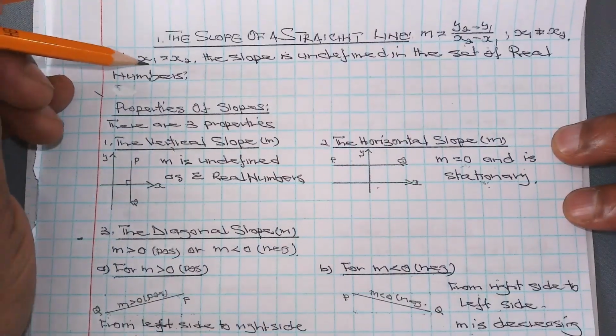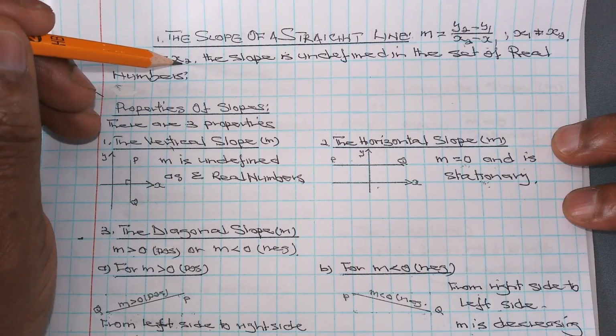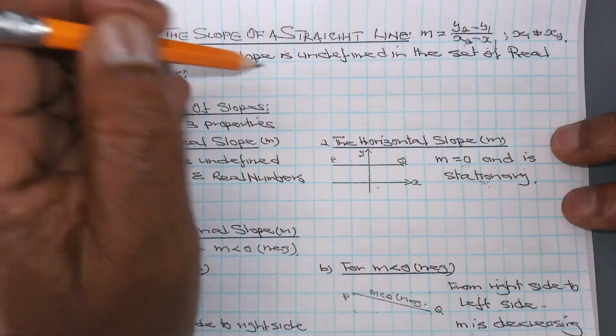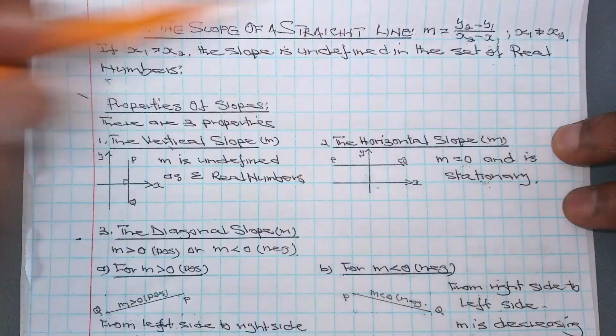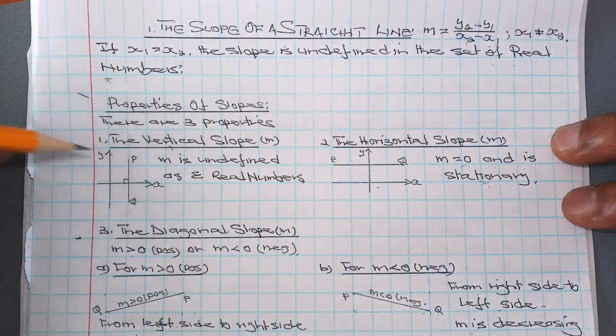If x1 is equal to x2, the slope is undefined in the set of real numbers.